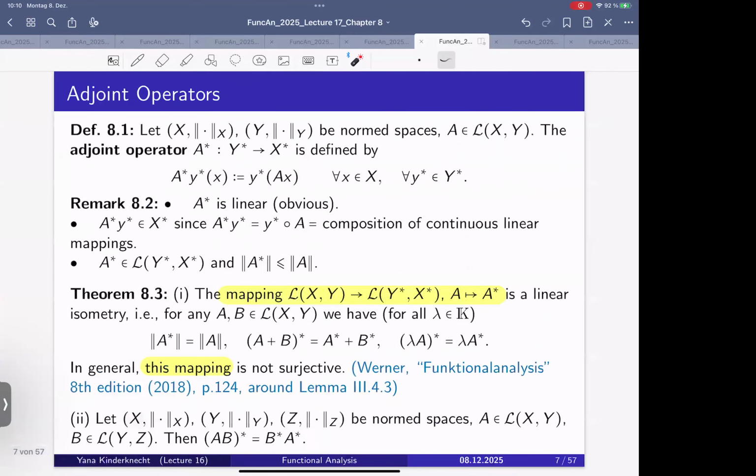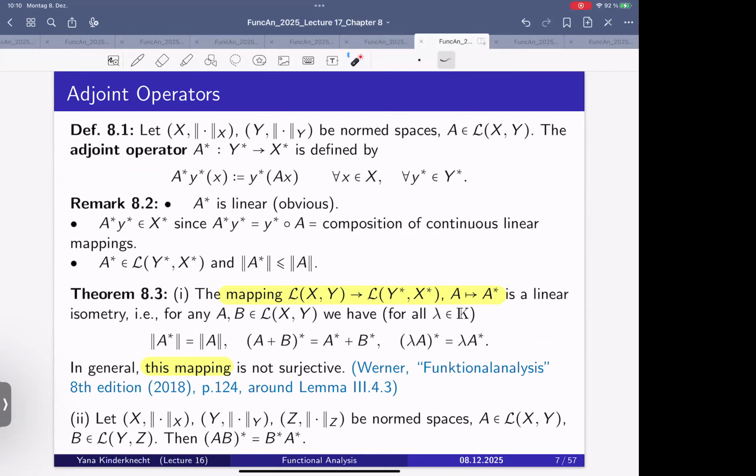So this space may contain, so to say, more elements than this space. So it is an isometry, but not necessarily an isomorphism. Also take it into account.